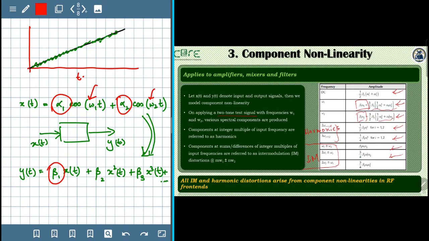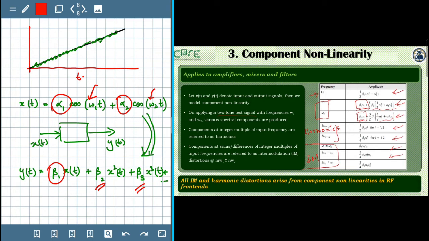And all of these you will see have coefficients beta 2 and beta 3, and whenever the device is linear, that is beta 2 and beta 3 are both equal to 0, these nonlinear distortions, harmonics as well as intermodulation terms, disappear, and also the term at DC disappears, and we will have only a term at omega 1 and omega 2, and that too only the desired terms, beta 1 times alpha 1 or beta 1 times alpha 2.